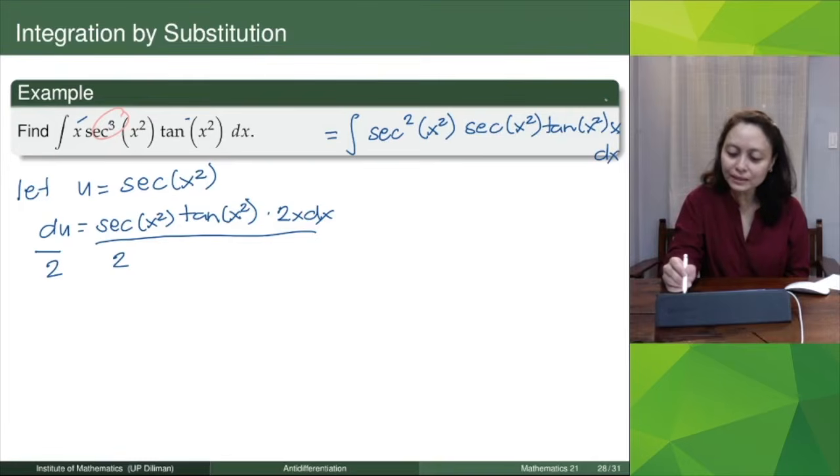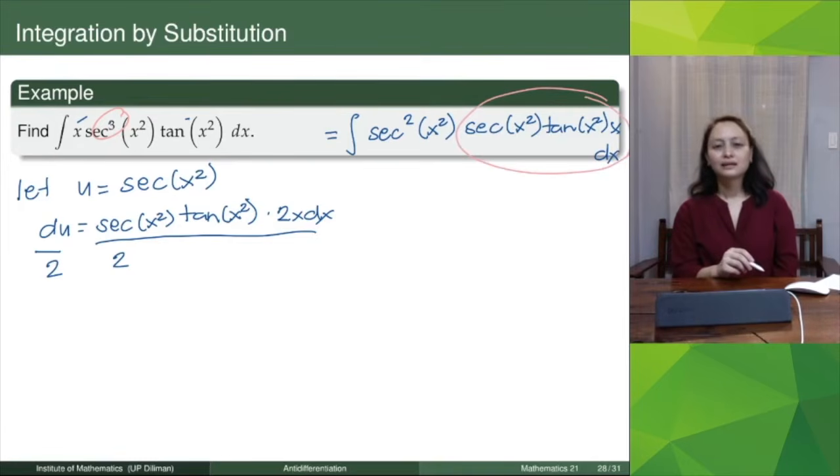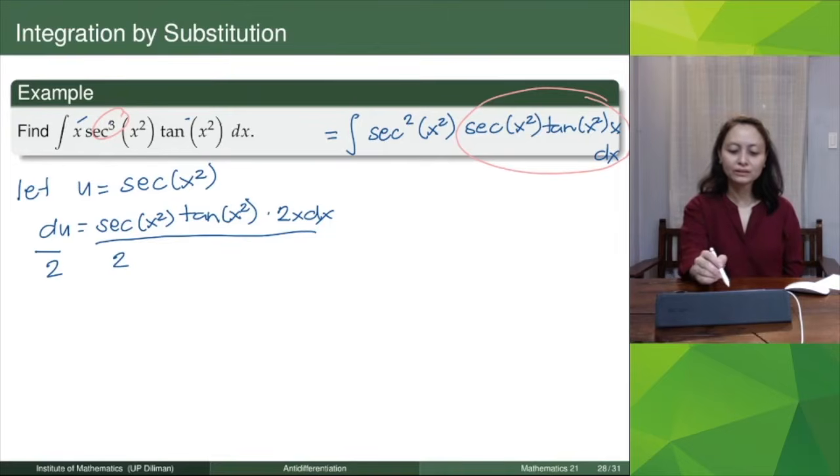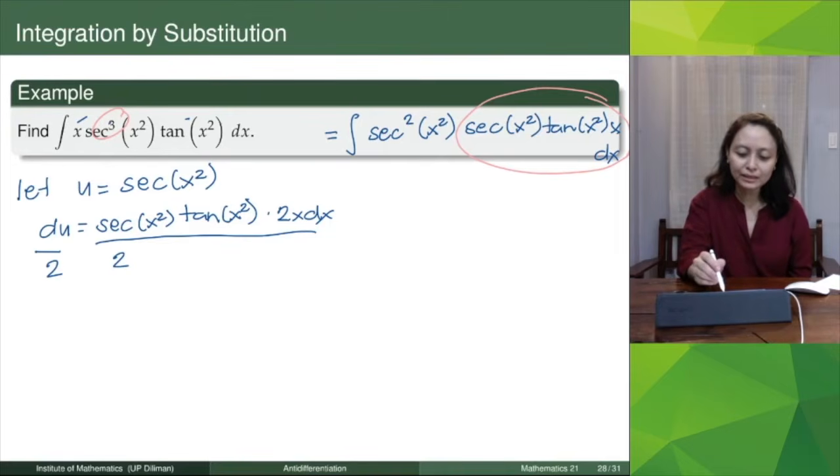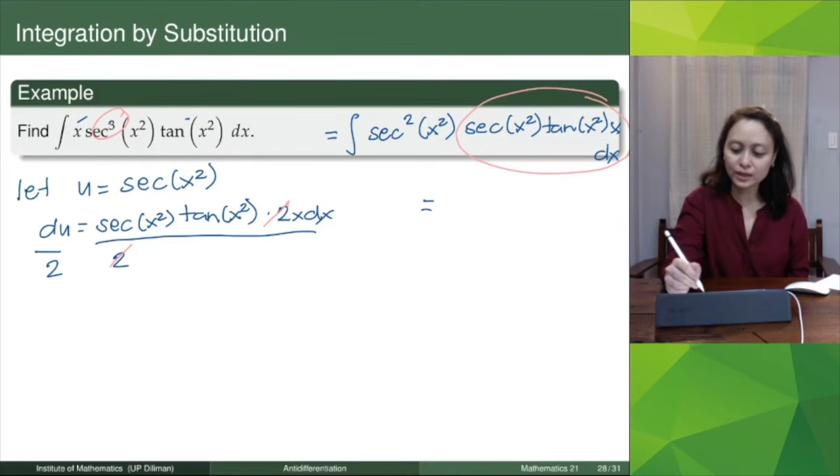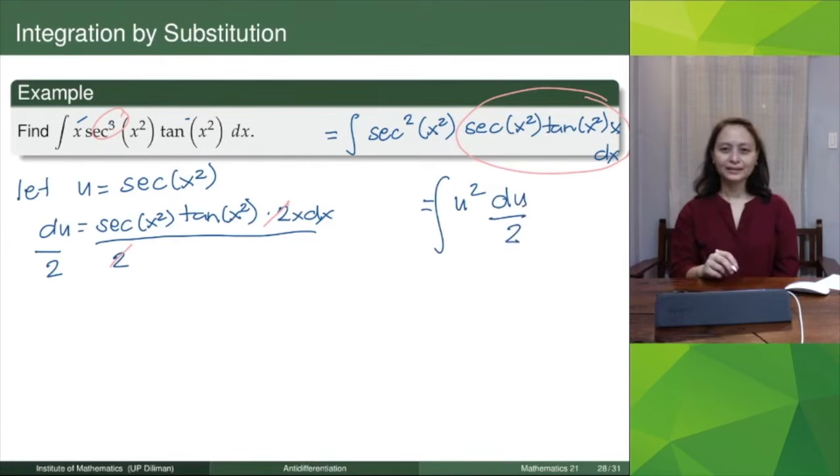So, etong part na to, compare it with this part. Diba? Ito na-cancel na. Okay? Yan. Sige. So, eto ngayon. So, secant square is u square. And then, this part is du over 2. Antiderivative. Okay?